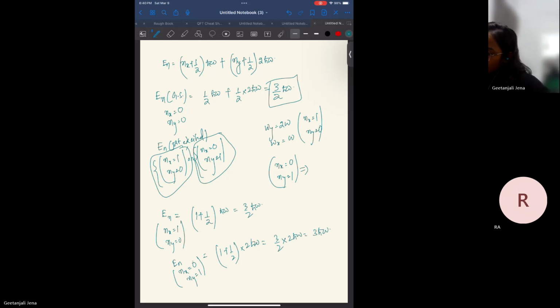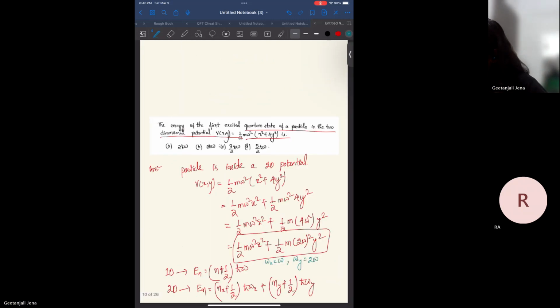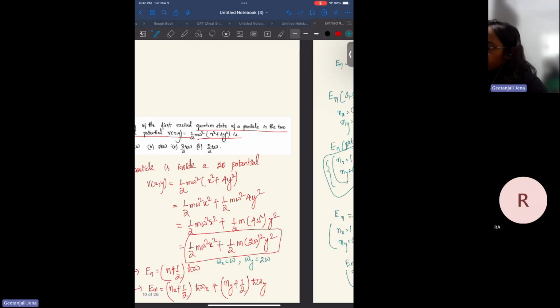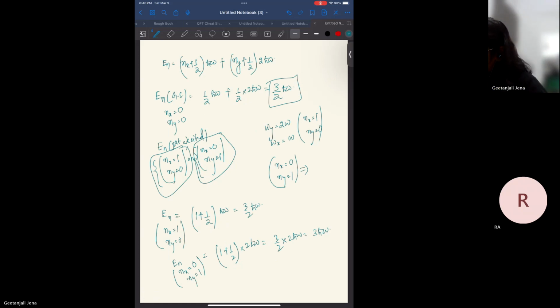Now I think this ground state, let me check once again. This is 2 omega. This is 3 by 2. But this will give 3 by 2 h cut omega, which is nothing but the energy of this.